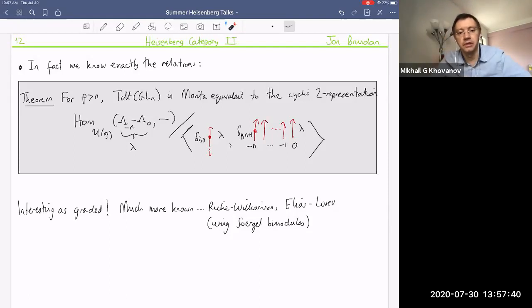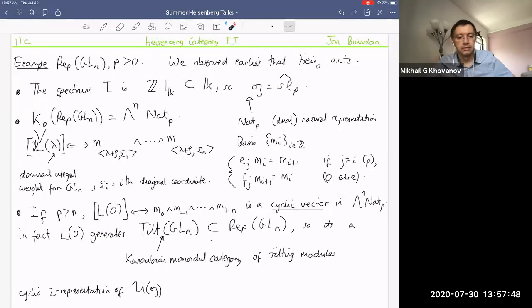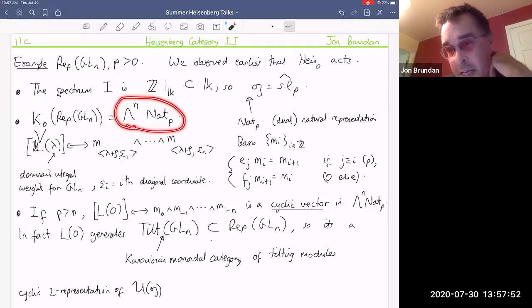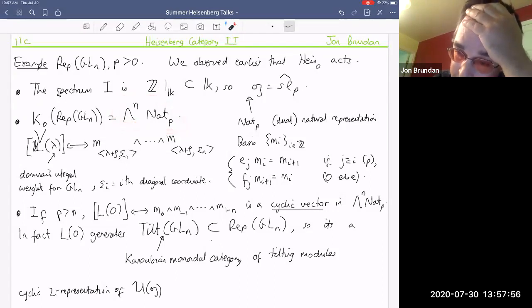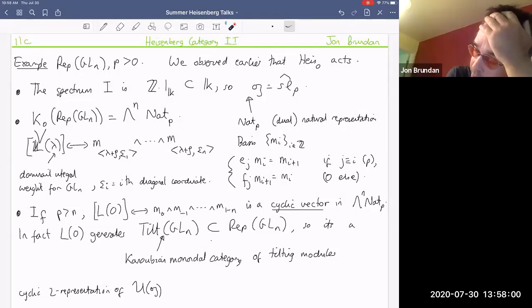So in the tilt GLN, if you pass to the Grothendieck group, what module do you get? It's the same module. You're just getting different bases for that same module. This is a module over the integers because it's a highest weight category.